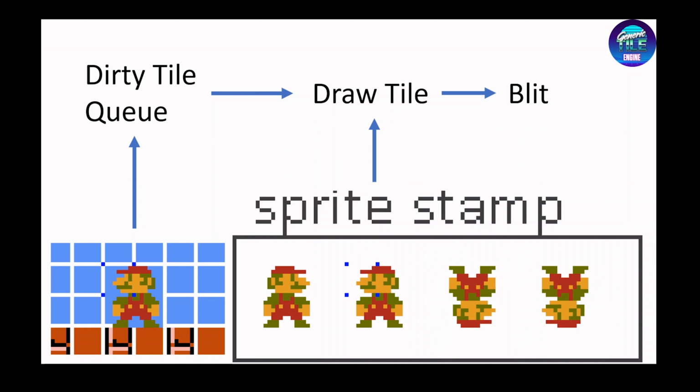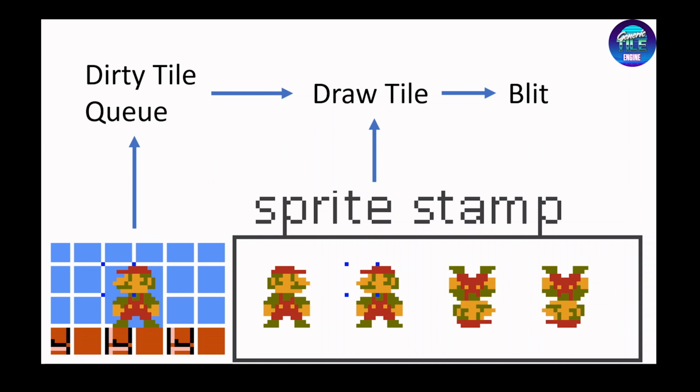The sprite's relative position within those tiles is then used to determine the address offset within the sprite stamp. And then finally, the data from the tile set is combined with the data from the sprite stamp memory to create a pseudo tile, which is then rendered as if it were a regular tile.